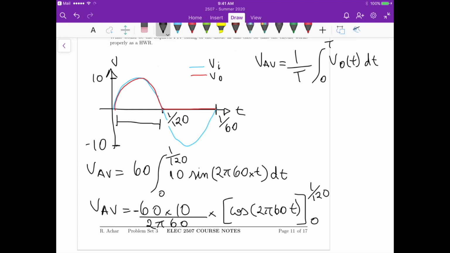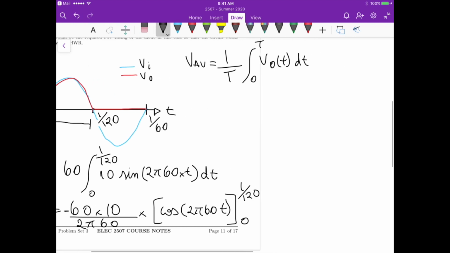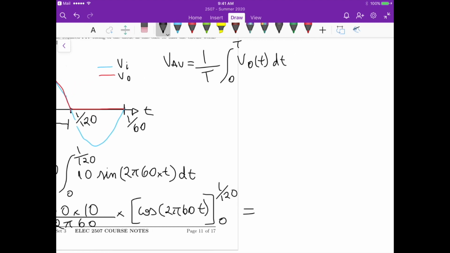If we evaluate this integral, the average is equal to 3.18 volts. So that's the average.